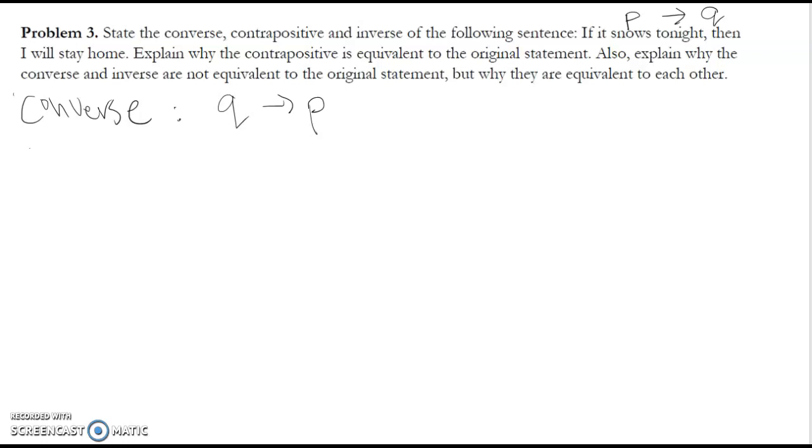All right, so now let's go over to the inverse. In our textbook and homework, you will see our inverse is if not P, then not Q. So in English, this would mean if it does not snow tonight, then I will not stay home. Contrapositive.